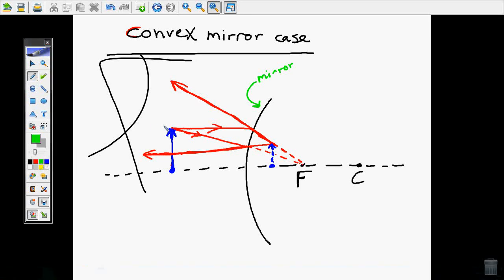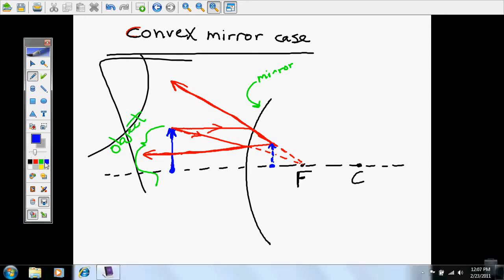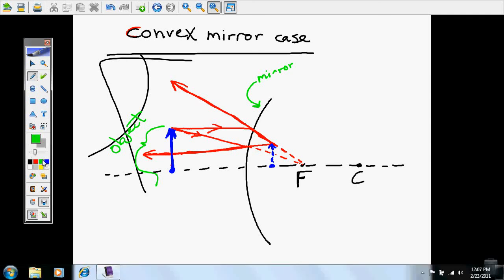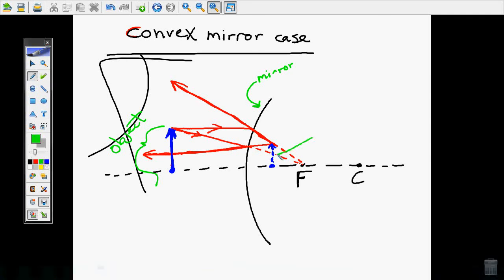So this here is your object, right there. And in there, that blue arrow, that's your image.